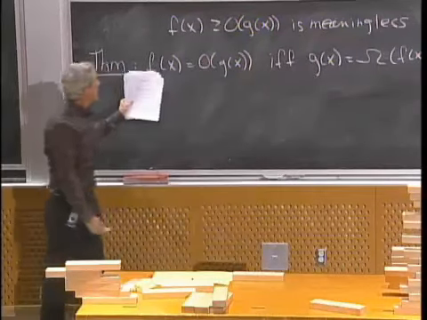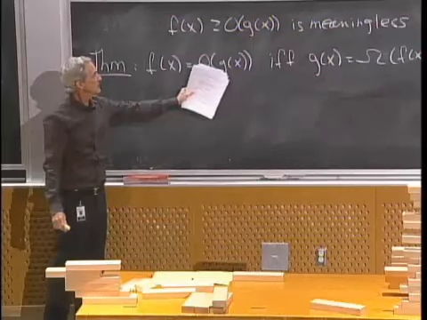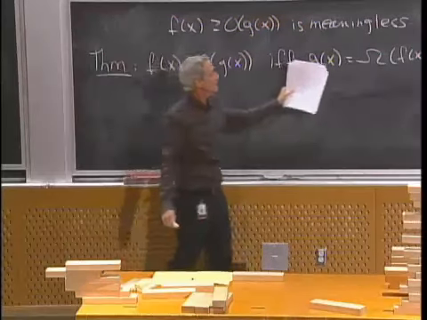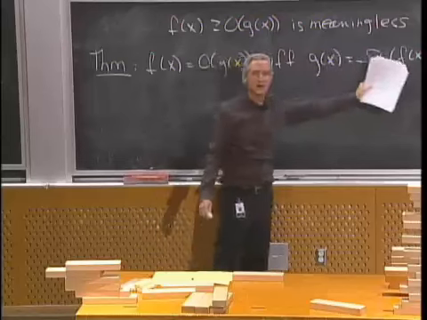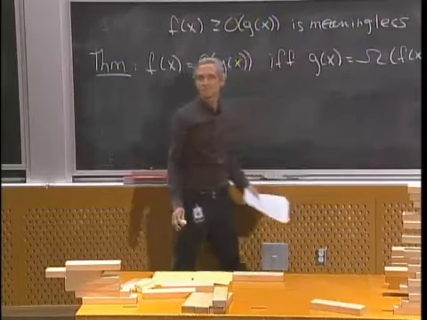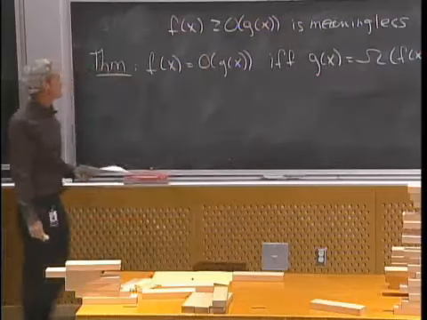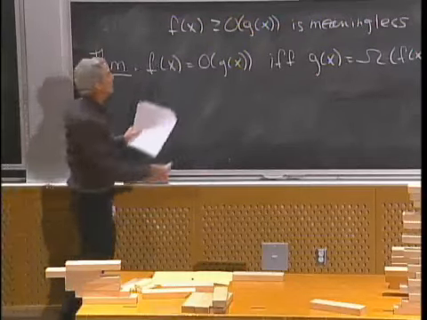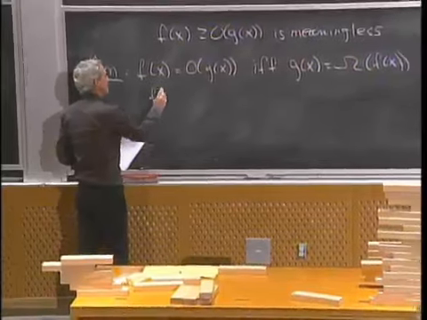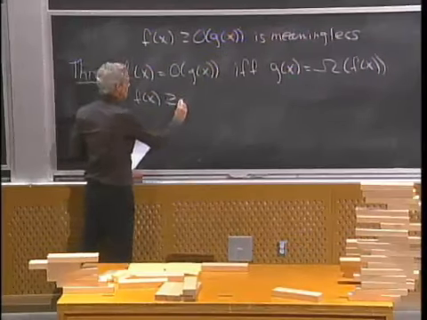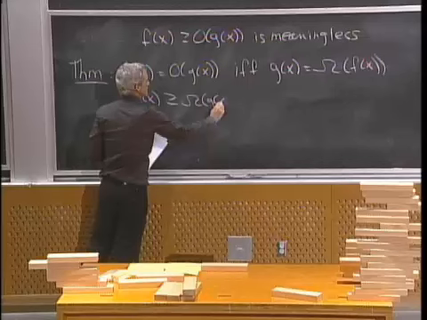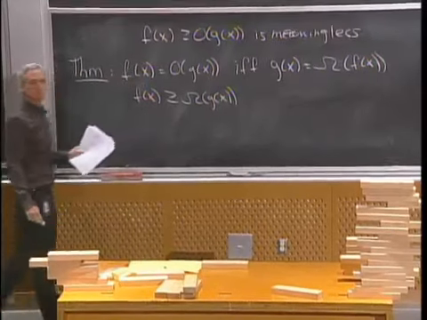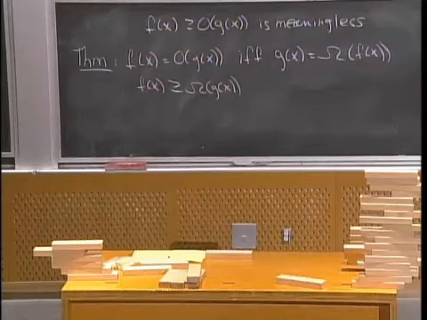In other words, f grows no faster than g if and only if g grows at least as fast as f. One's an upper bound, one's a lower bound, and you just have to use the symbol the right way. Now you can write f of x bigger than or equal to omega g of x. That's all right to do.